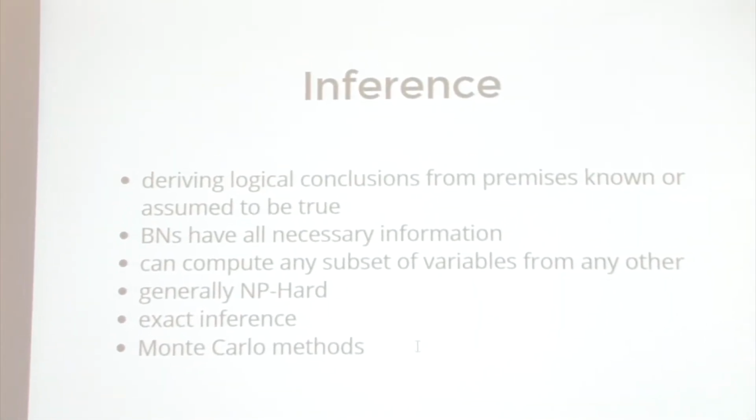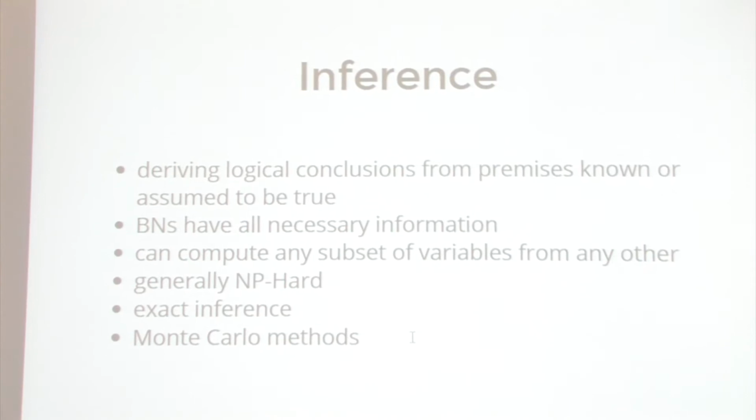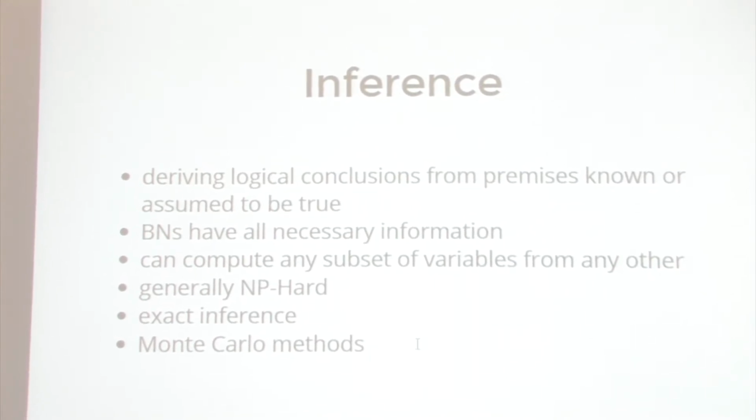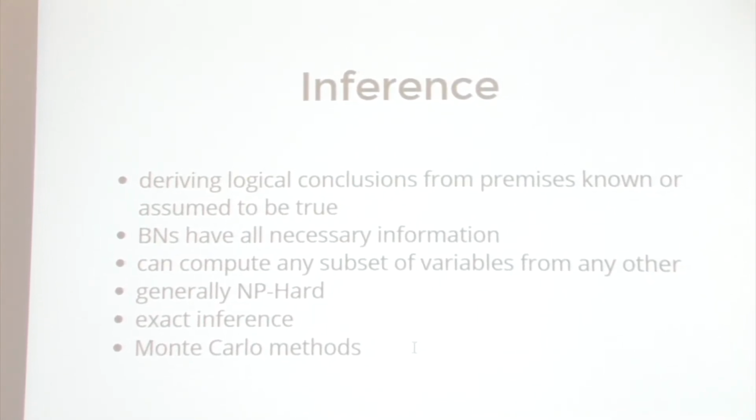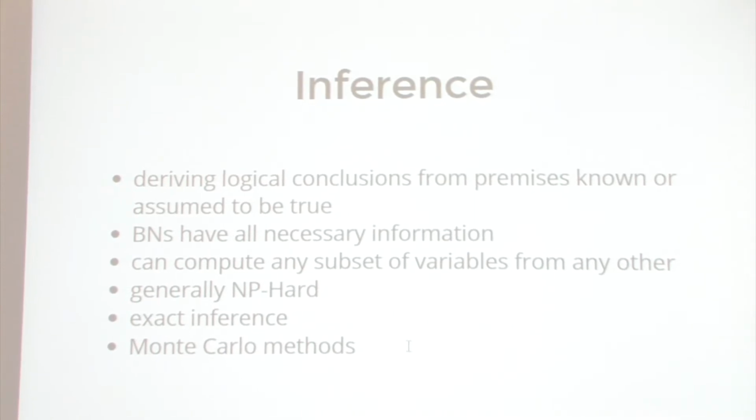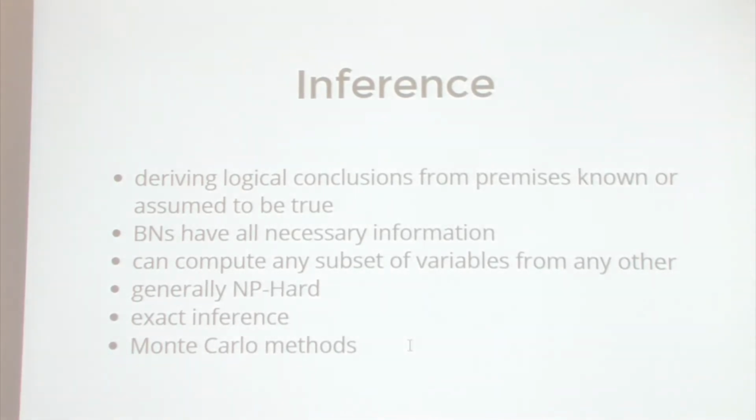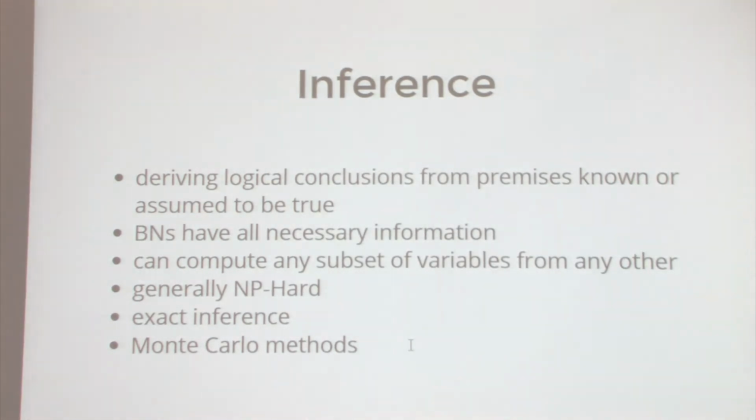Okay, so this is what Bayesian networks look like, but let's take a look at how you can use them. Using Bayesian networks to predict the values that you want to predict is called inference.